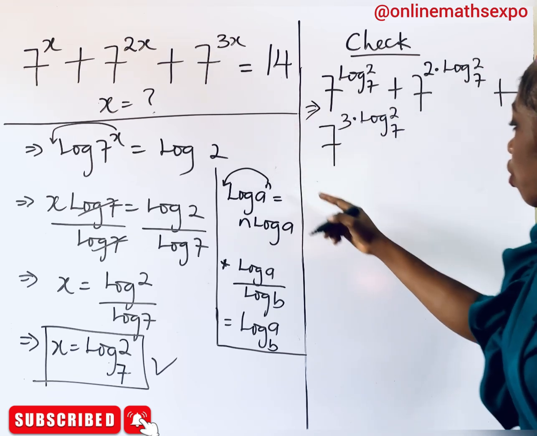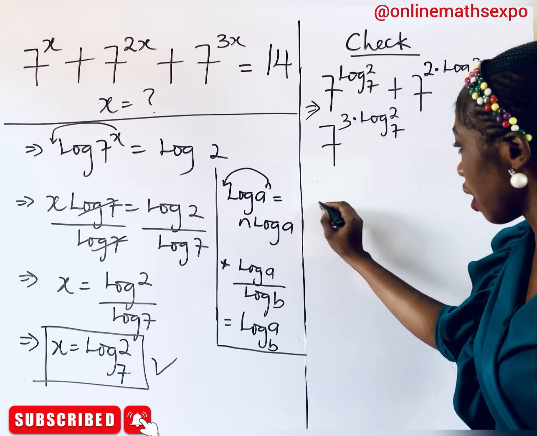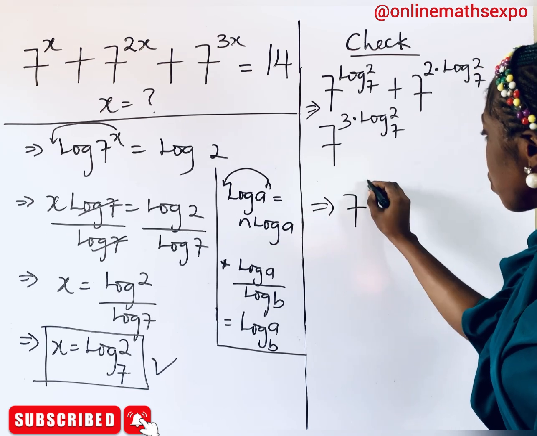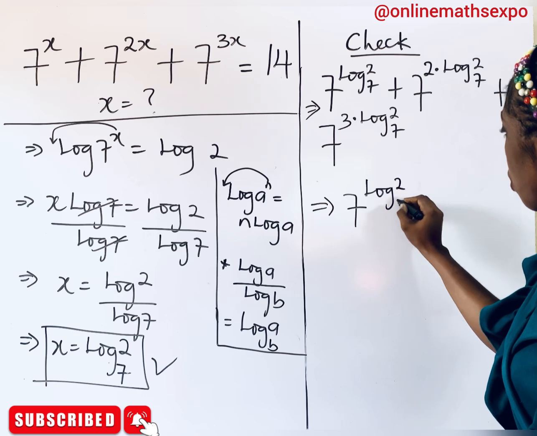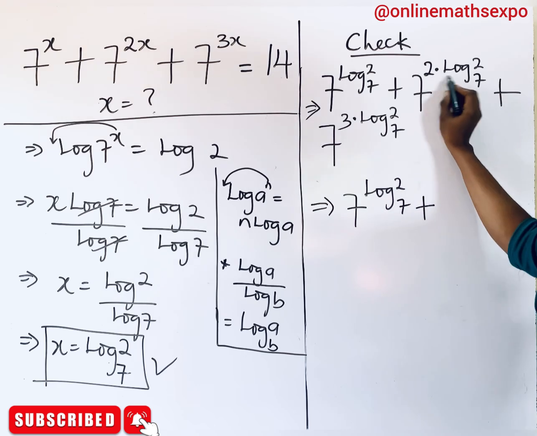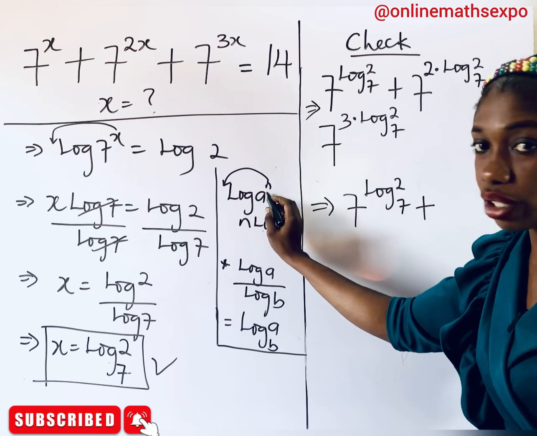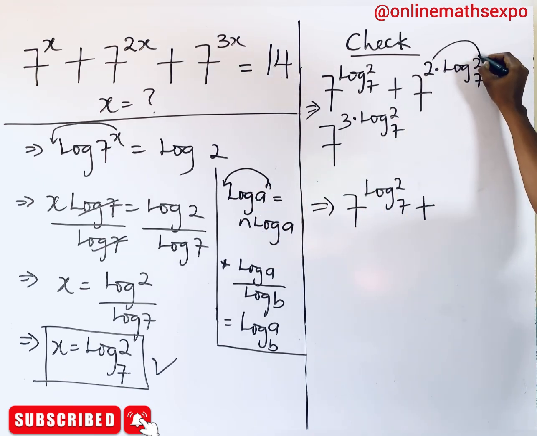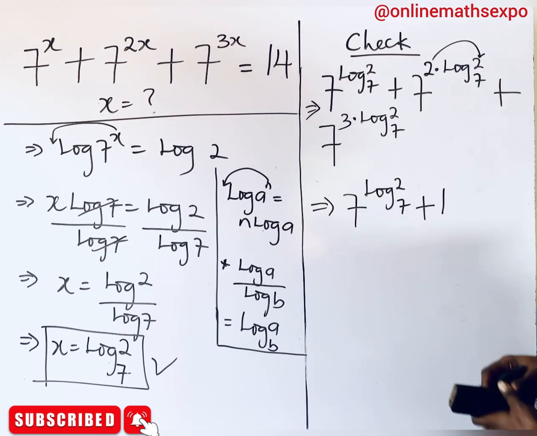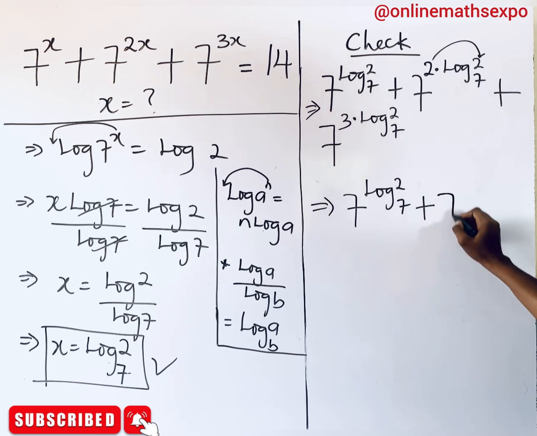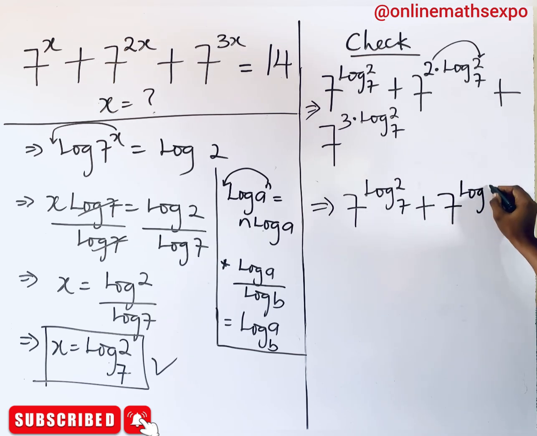So let's remember this rule. We have 7 to the power of log 2 base 7 plus, since this is multiplying, it will be returned to be a power. So we have 7 to the power of log of 2 squared base 7.